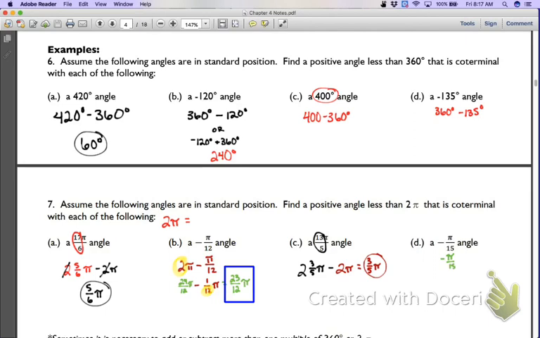Or you can write it as negative 1 over 15 pi. Now, how do I need to rewrite 2 pi with 15 as my denominator? 30 pi over 15, or 30 over 15 pi. Either way.